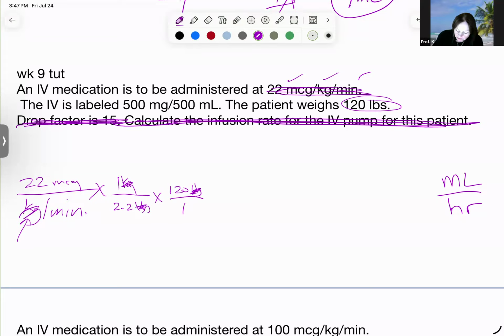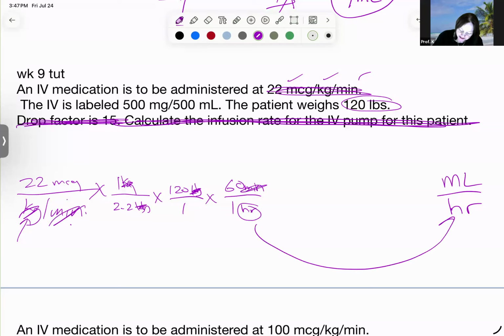So now, how do I change minute to hour? 60 over 1. 60 minutes over 1 hour. Yeah. All right, cool. My denominator is done. Now I have to get rid of micrograms and figure out how to get to milliliters. What's the only thing I haven't used in my problem?